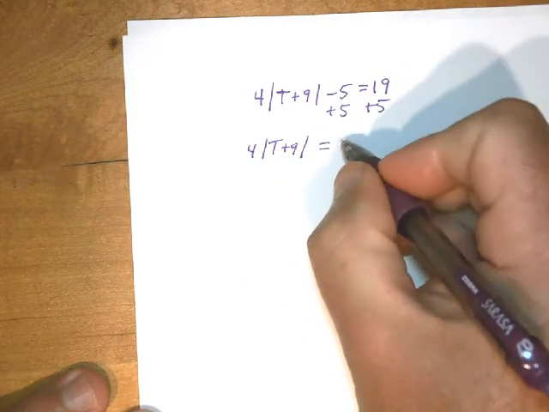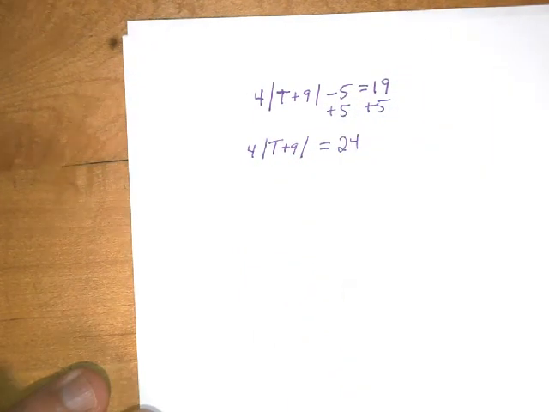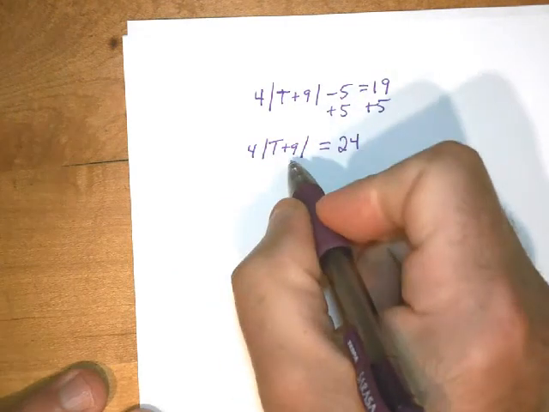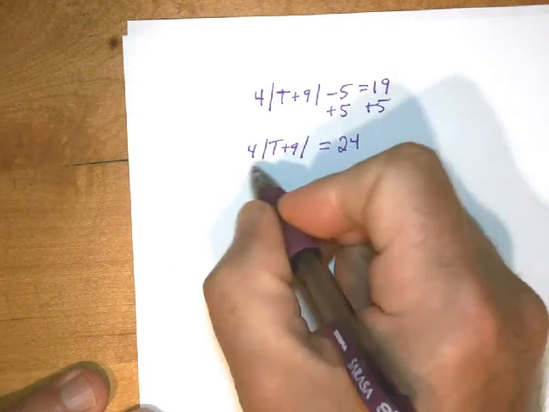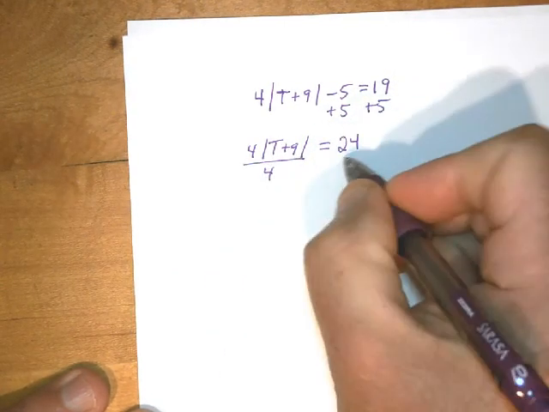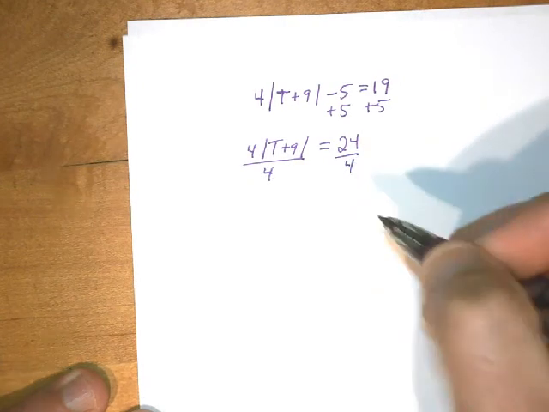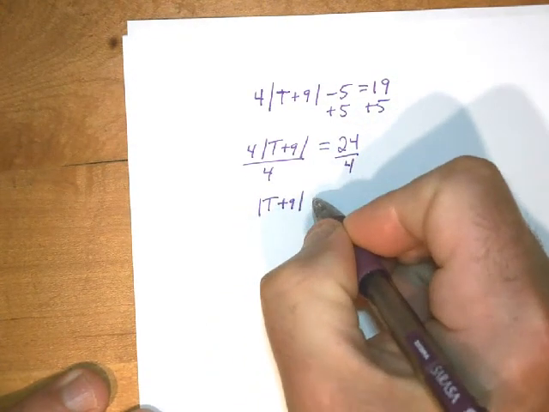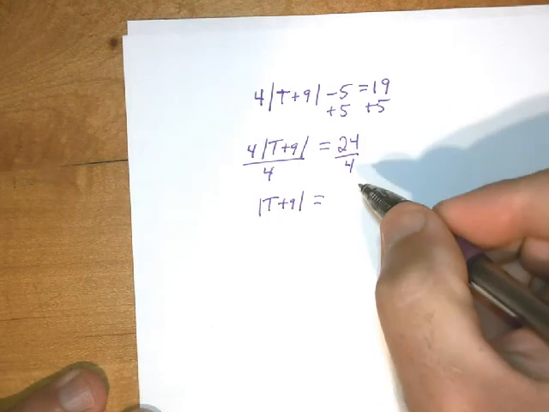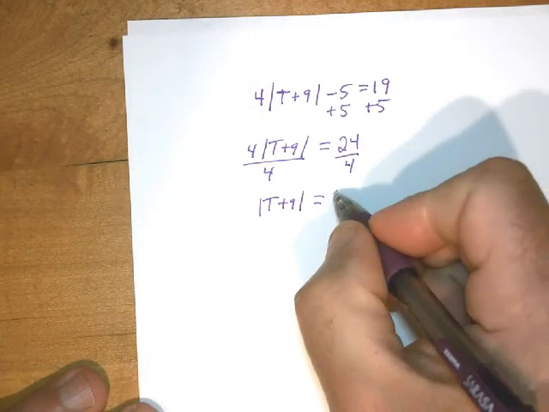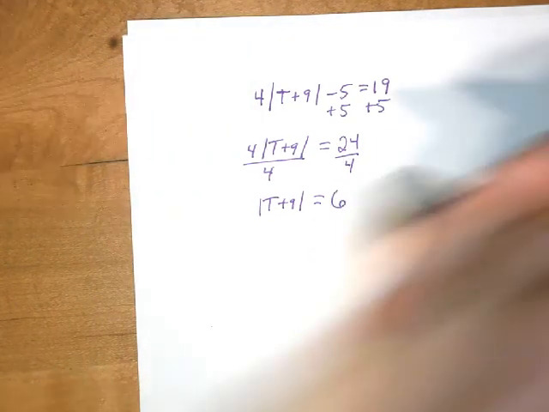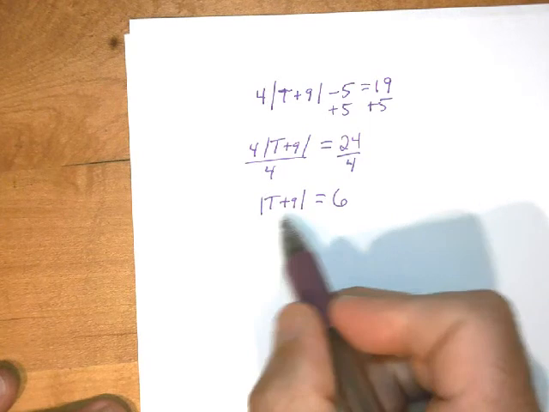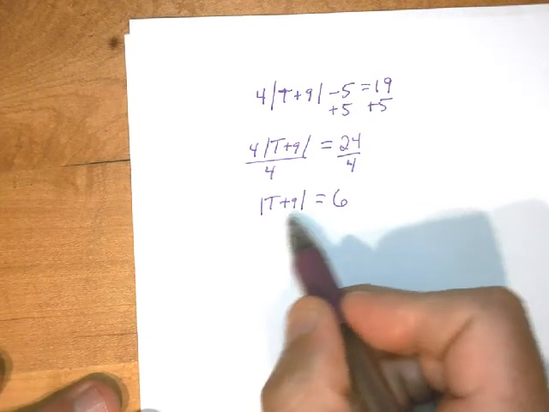So we have 4 absolute value of t plus 9. All that equals, adding 5 to that is 24. Next, we have multiplication of the 4, so we're going to divide by 4. And we get the absolute value of t plus 9 equals 4 goes into 24 6 times.